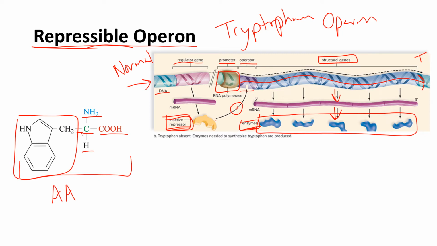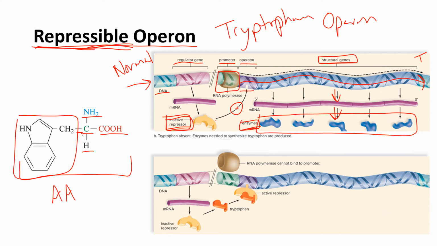But remember, this is a repressible operon, so you have the ability to repress that gene expression if there is too much tryptophan. So if there is too much tryptophan for whatever reason, then the cell doesn't need to waste any time or energy making even more tryptophan. That's not efficient.